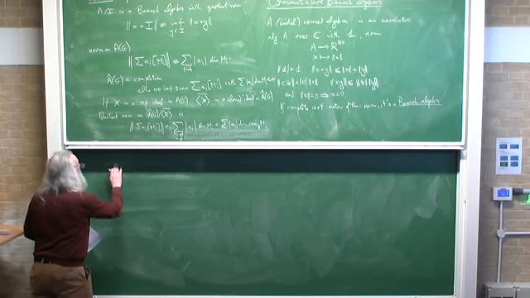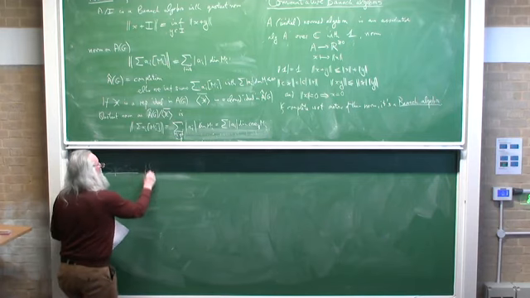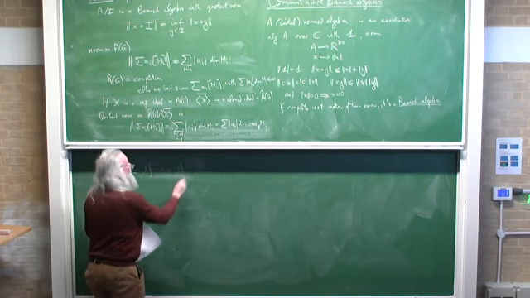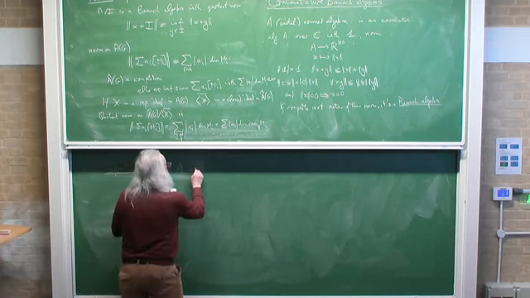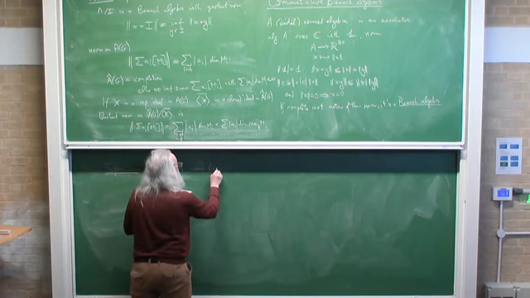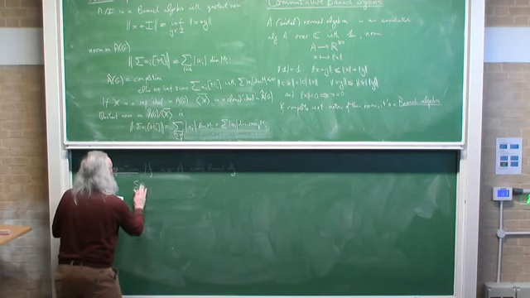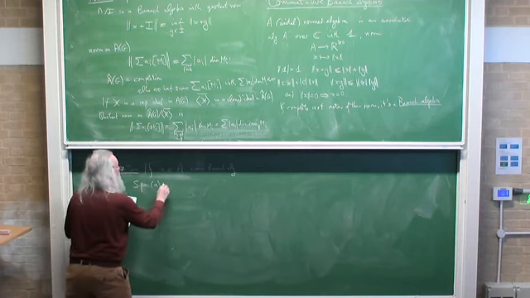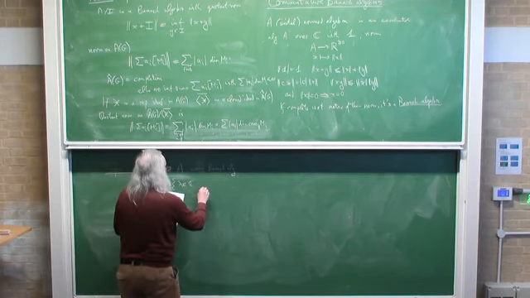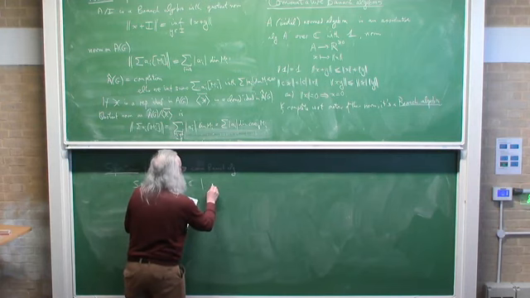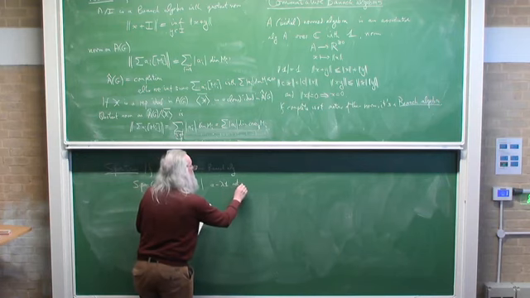Well, let's talk about spectrum. If I have an element of a commutative Banach algebra, then the definition of the spectrum of that element is the subset of the complex numbers consisting of the lambdas such that A minus lambda times the identity is not invertible.